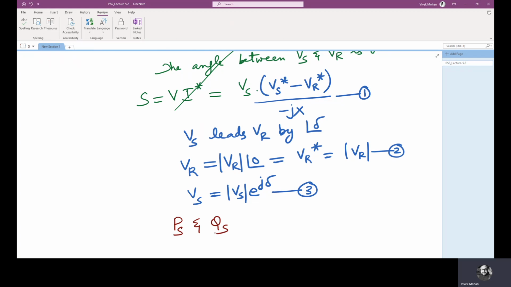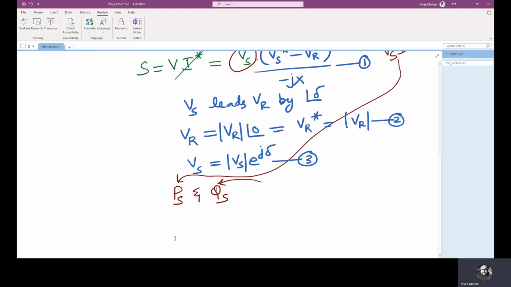So how will you find it? Because in equation 1 we have used Vs, this is basically Vs into I star, that is, the sending end complex power. If you take the real and imaginary parts of the sending end complex power, you will get the active and reactive sending end powers.